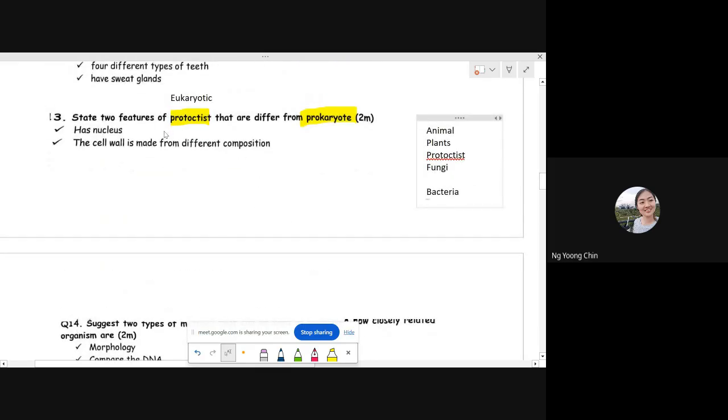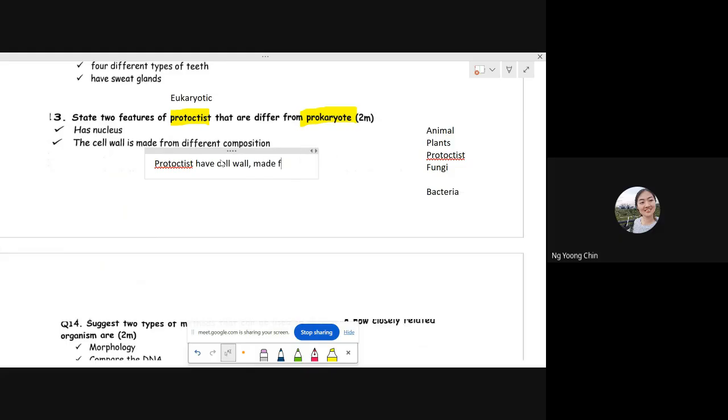You can write that protists have membrane-bound organelles and a nucleus, but those do not exist in the prokaryote. Another difference between protists and prokaryotes: both have a cell wall, but their cell walls are made from different components.